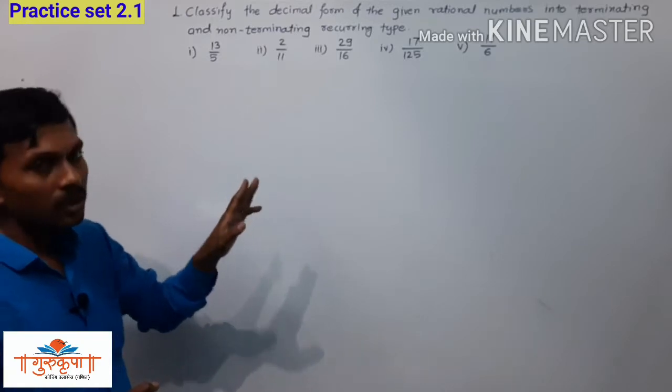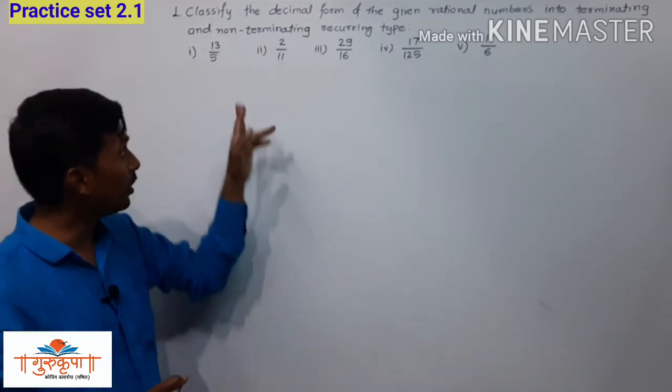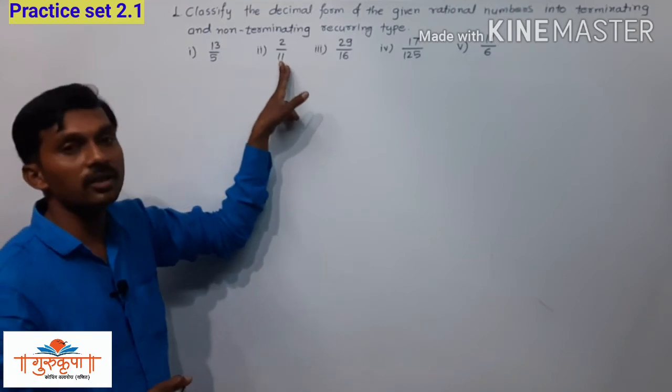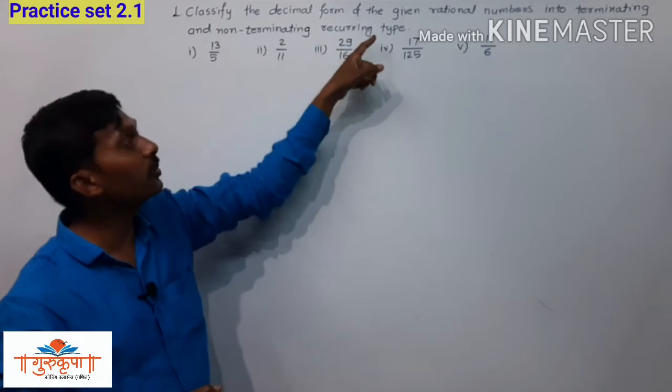And if the other number is there included in the prime factorization of the denominator, then definitely it is non-terminating recurring decimal form.